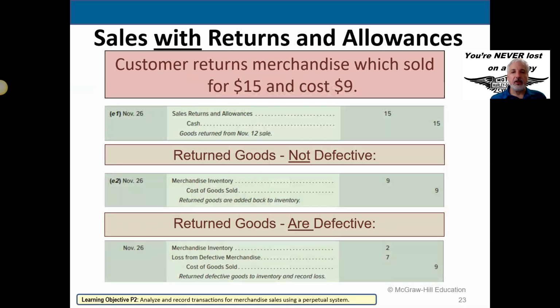All right, so sales with returns and allowances. The catch here is, if you return something, you can't take a discount on the gross receivable because the actual amounts have been reduced. So we sold something for $15, our cost was $9.